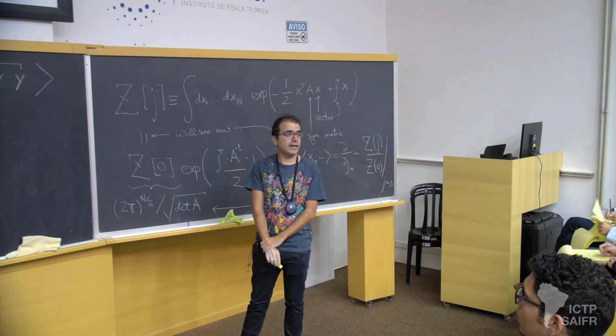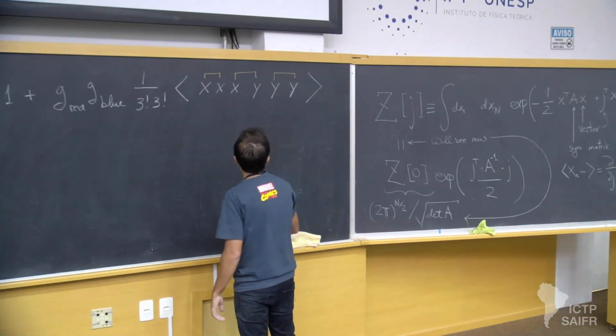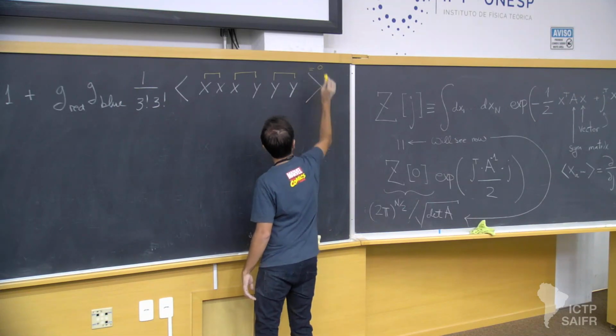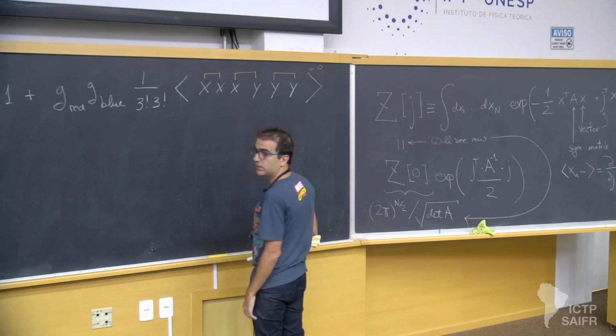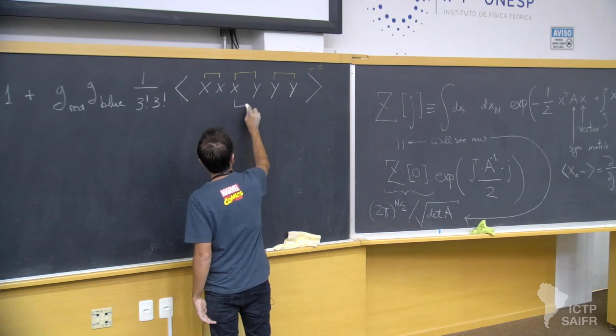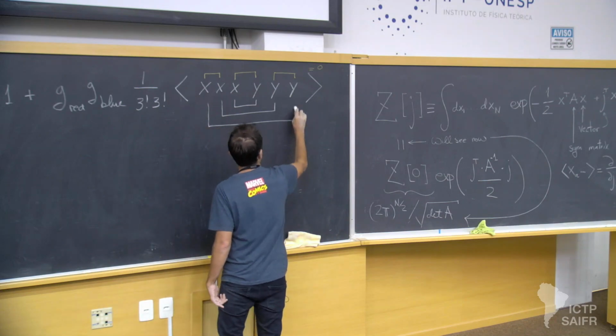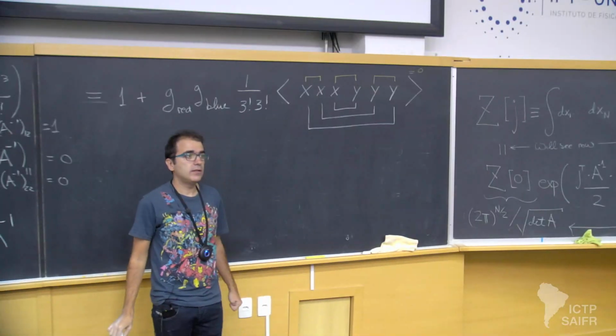We said that x cannot contract with x. So this one is equal to 0, but not all weak contractions are 0, right? Let's see an example of one which is not 0. This x with this y, this x with this y, this x with this y, right?